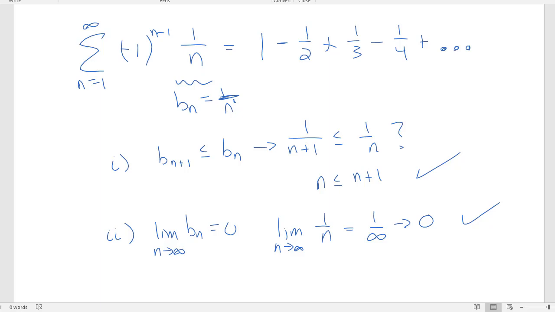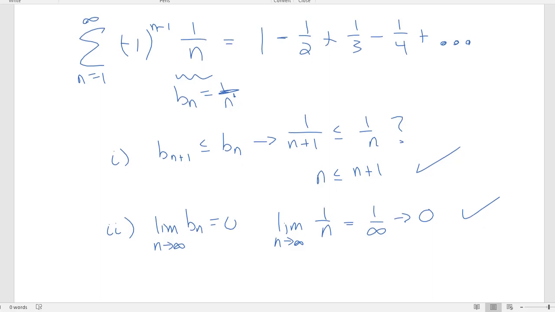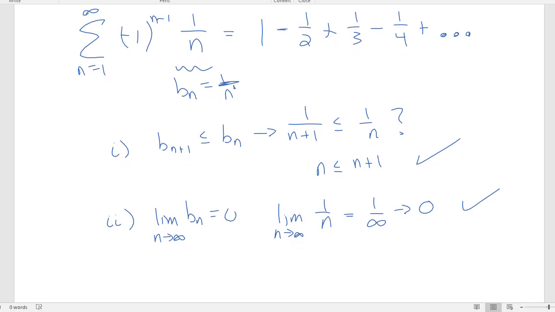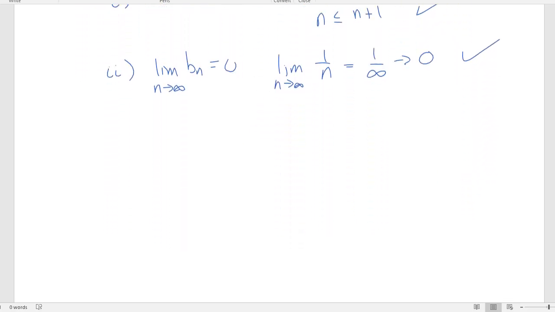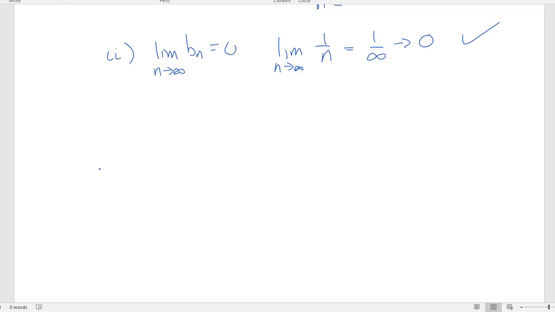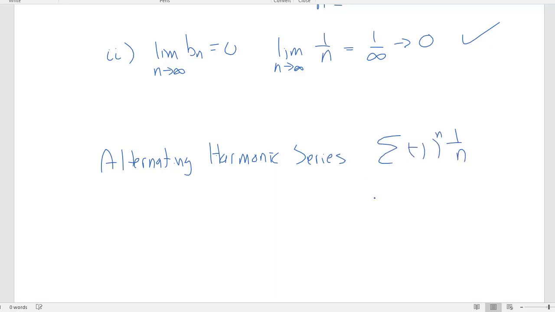Now this series is so frequently used, it's called the alternating harmonic series. So that's a nice example to look at. And we have an alternating harmonic series. So you will see this again. So my alternating harmonic series is convergent.